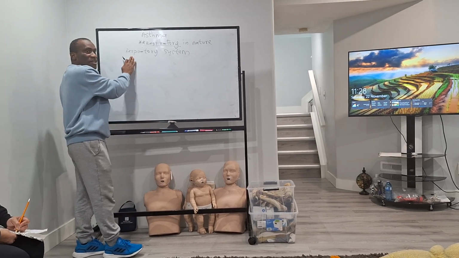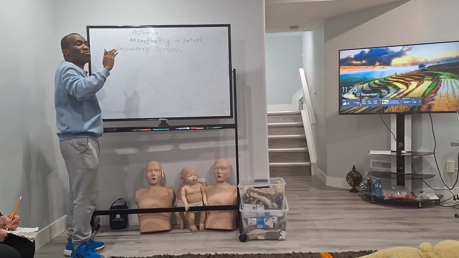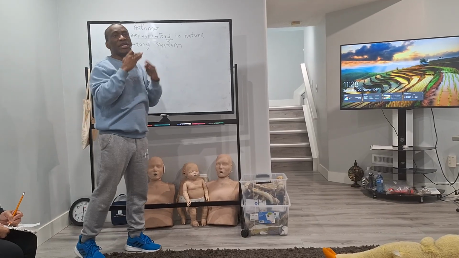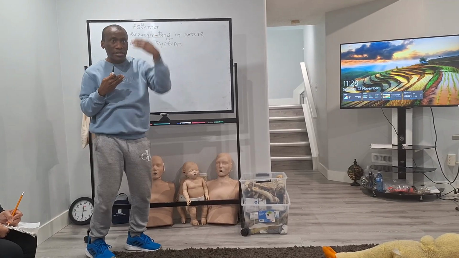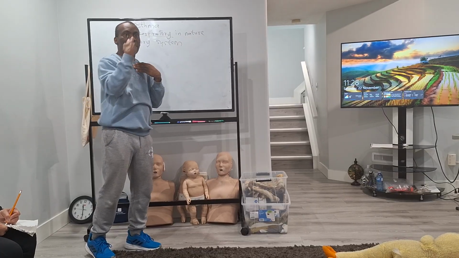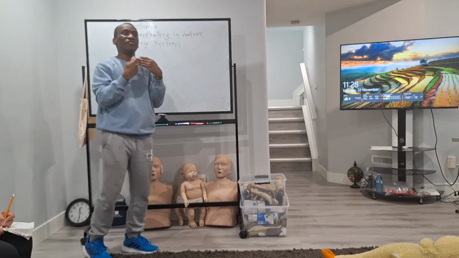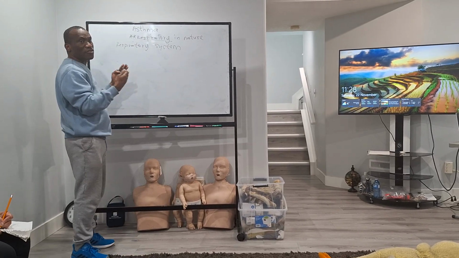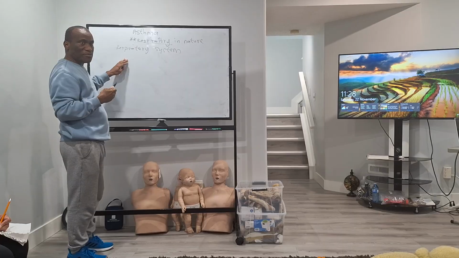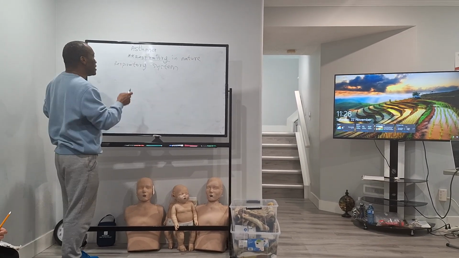When you talk about the respiratory system, this is the system that is responsible for our gas exchange, breathing in, breathing out. You need oxygen to survive. Carbon dioxide must go. While oxygen is coming in, carbon dioxide is leaving. The members of our body that are responsible for that belong to the respiratory system.